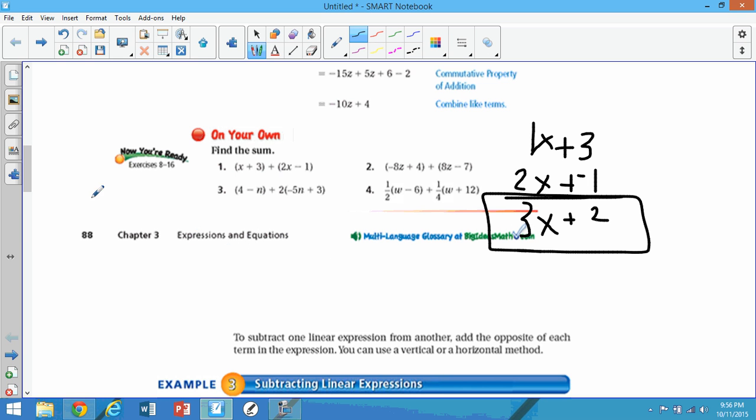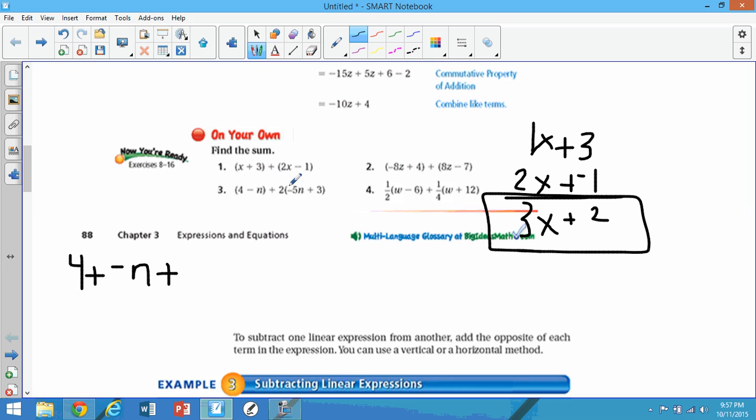Number 3 had an extra step in there that you couldn't ignore. You needed to distribute that 2. You can't do anything until you distribute that 2. So I'm going to do this one horizontally. It's 4 plus a negative n, because I turned it into plus a negative, plus, then you have to show your distributive step.